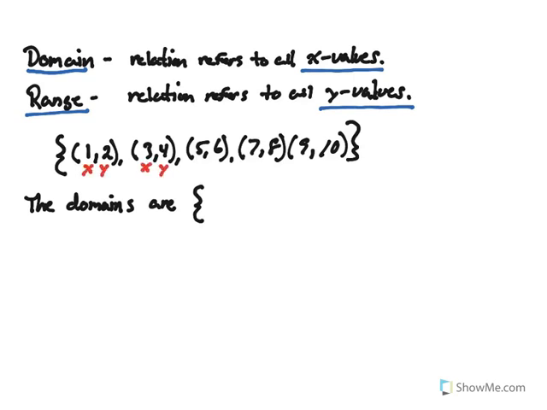So if you identify them so there's no question on what values I'm referring to, the domain is all the x values. So basically 1, then you have 3, then 5, then 7, then 9. All the x values represent the domain.